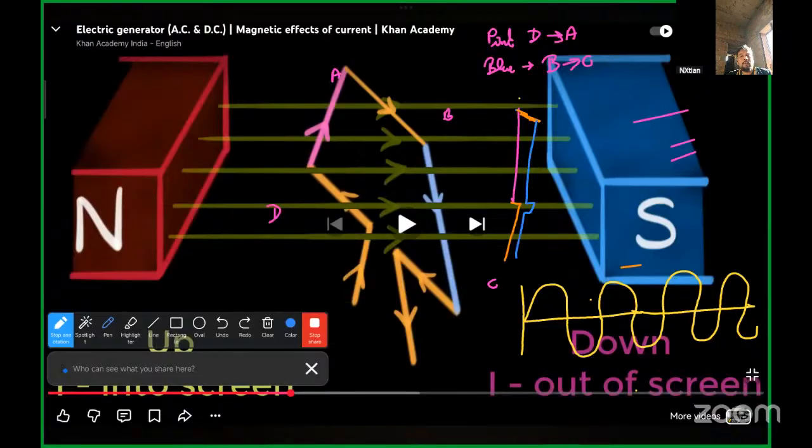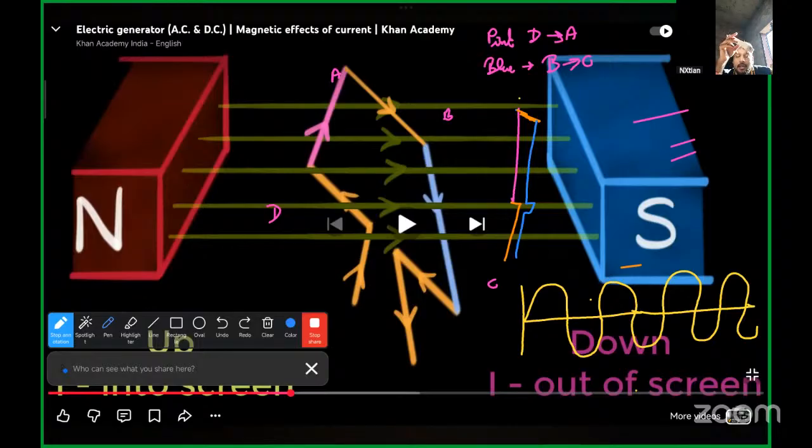Means basically what I'm trying to say, for example, right now the shaft is like this. It is moving in the upward direction. Now the shaft becomes like this. In this case, the current will be zero. Why? Because I told you, when we make this, we have force, current, and magnetic field.